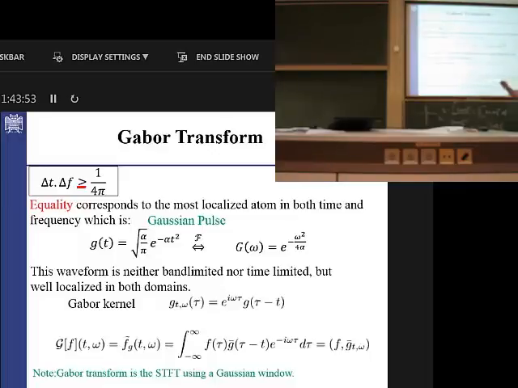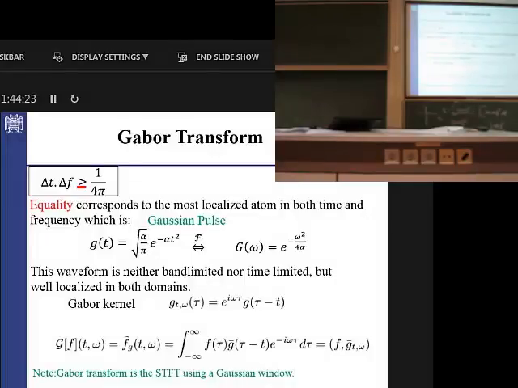So Gabor transform is nothing but the STFT when the kernel is the Gaussian pulse. When we say Gabor and when we say STFT, they mean almost the same with an implementation. The only difference is the kernel. If the g of t is Gaussian, then it's Gabor. Otherwise, it's STFT.